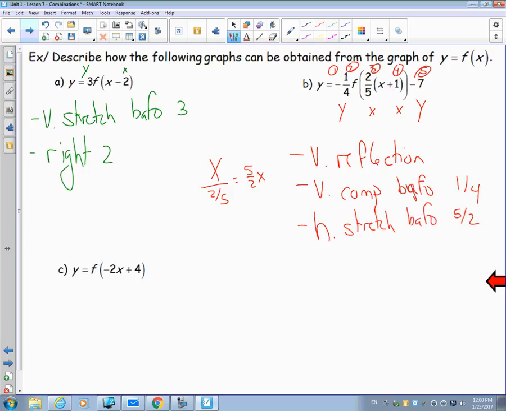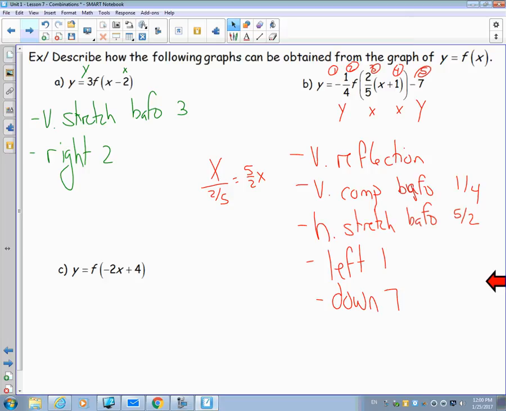We want to turn that to a decimal, 2.5. The +1, that's an X thing. X's do the opposites. So I have to move left 1. And the -7, it's a Y thing, so I have to go down 7. There are all kinds of parts and pieces in there to keep track of.